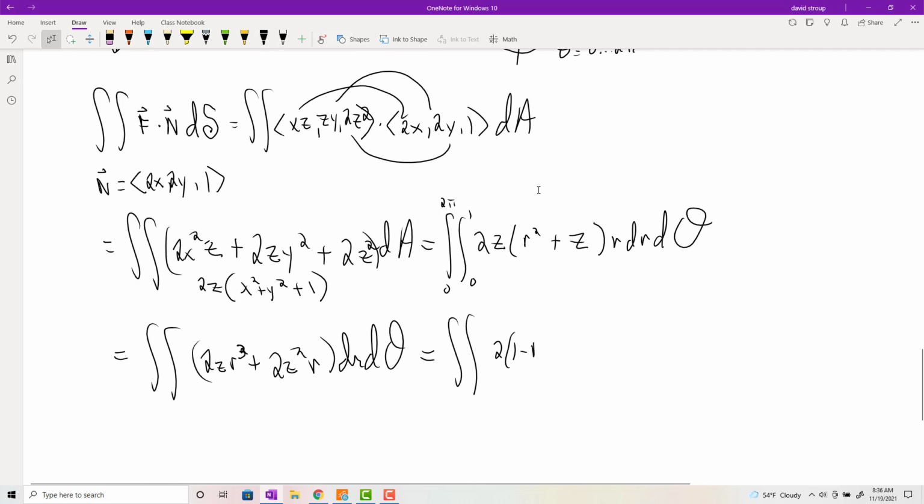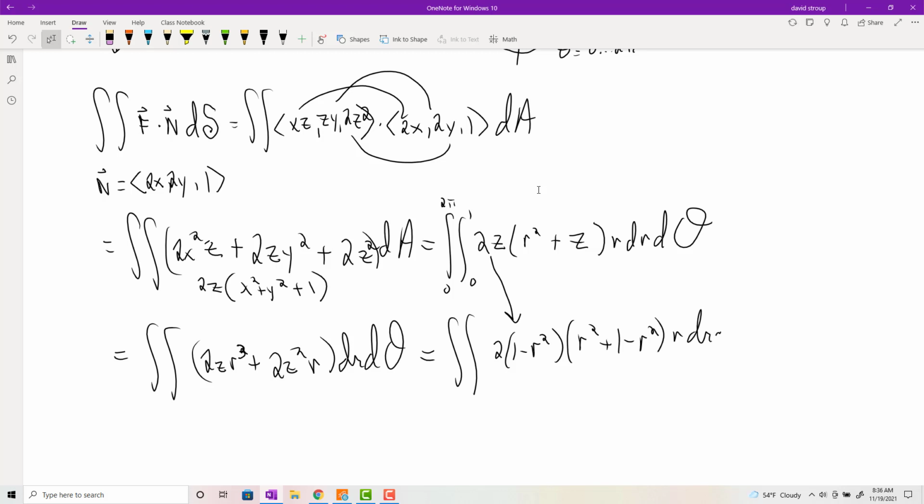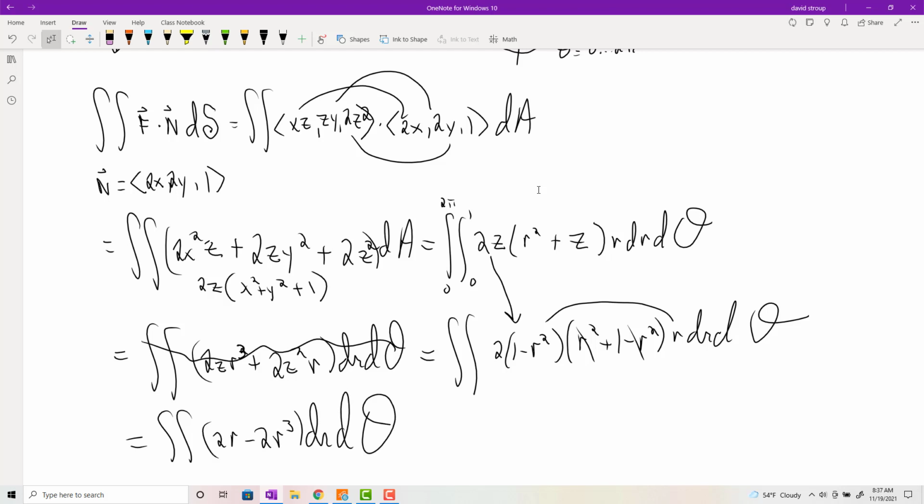So it's 1 minus r squared. And then we have r squared plus 1 minus r squared times r dr dθ. So never mind this business. And then we have 2 times, because the r squares cancel, you just have a 1, and then you could distribute this r. So we'll have 2r minus 2r cubed dr dθ, and I think I'm on the right track right now.